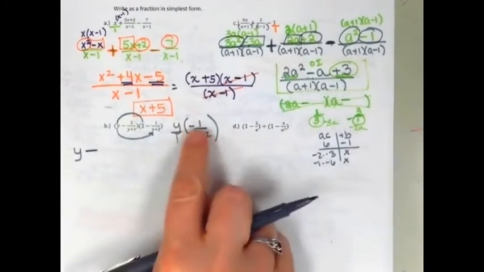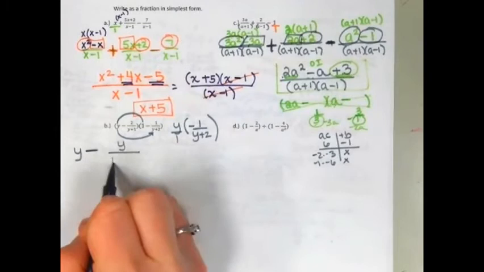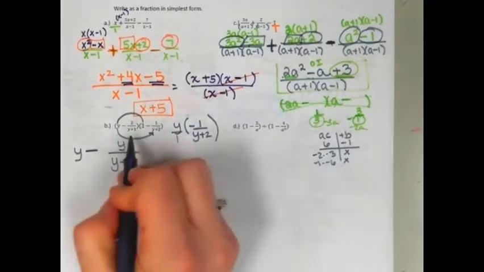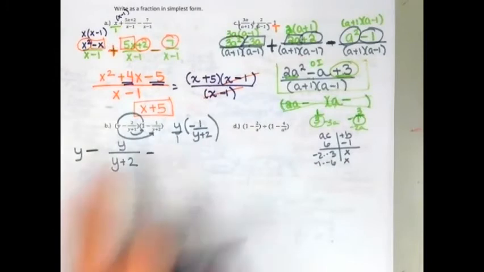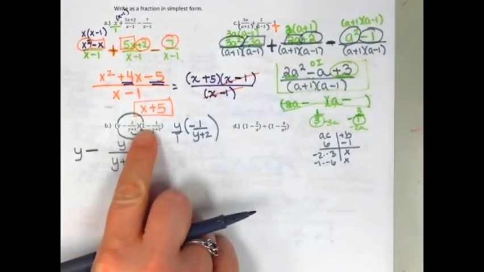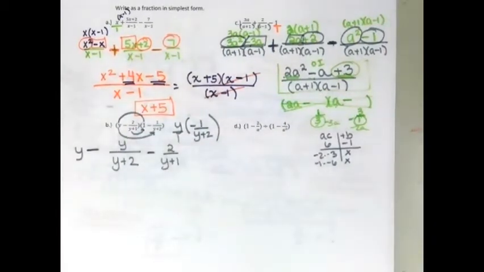So what's y times 1? Y over y plus 2. Right? What's a negative times a positive? A negative. And this is the same thing. What's 2 over y plus 1 times 1? Isn't that just 2 over y plus 1? You guys okay with that?